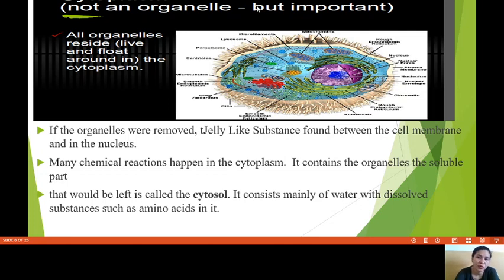That's why they are important. Also, they have chemicals that help in the life processes of the cell. Again, cytoplasm is not an organelle, but it's important because all the organelles are located in the cytoplasm.